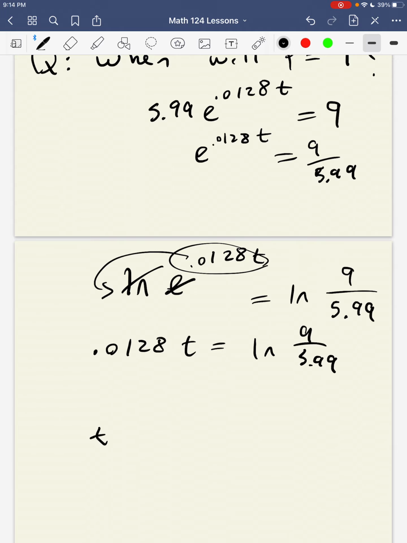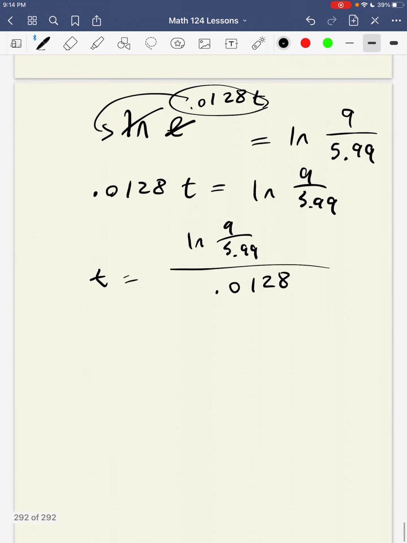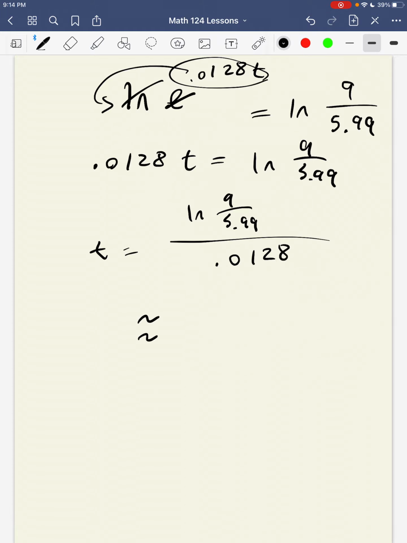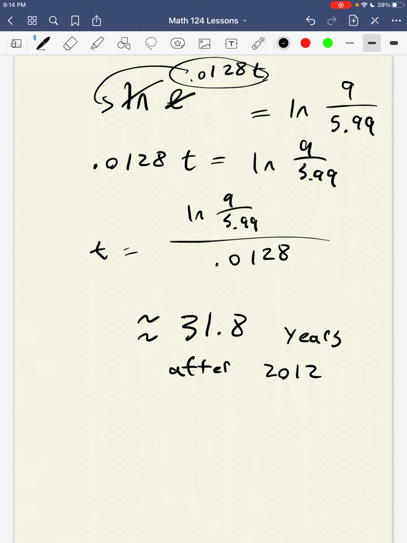And we are solving for t, so t will equal log of 9 over 5.99 divided by 0.0128. If you put that into a calculator, you should get something like 31.8 years. But it's 31.8 years after our starting point. Remember, this model started at the year 2012.